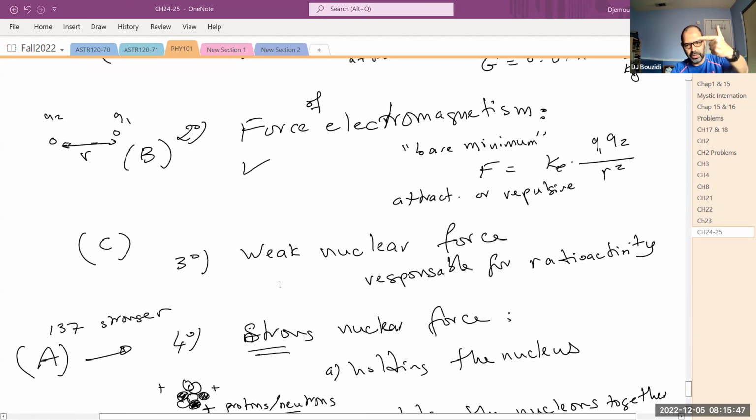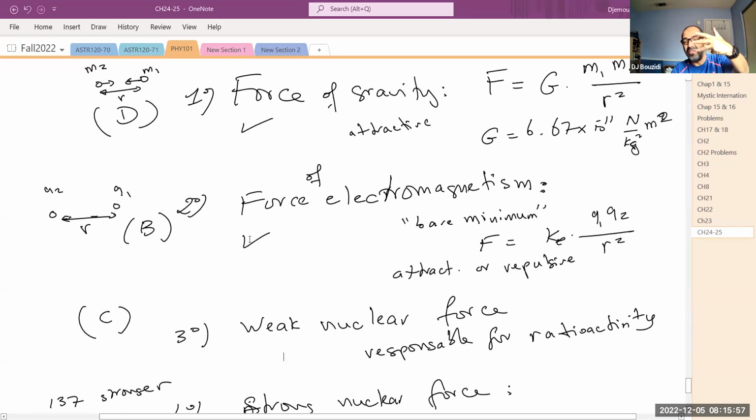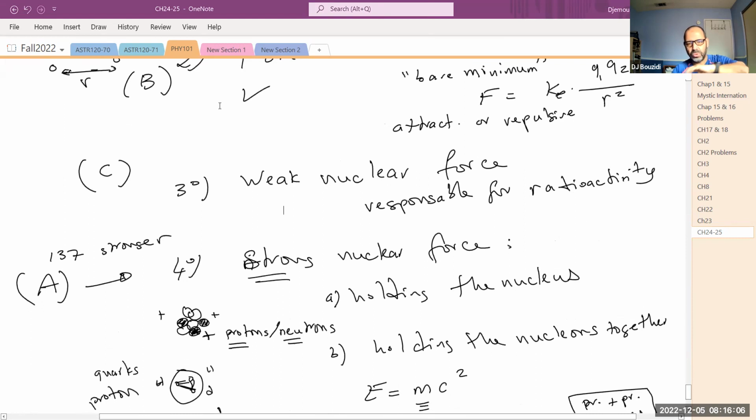The strong nuclear force is the strongest. Electromagnetism, which is Coulomb's law that we saw, is the second. The weak nuclear force we're going to be talking about today is the third. And the last one in terms of strength, by far extremely weak compared to the other three, is the force of gravity. So that's how nature basically presents all the forces there is to know in nature.